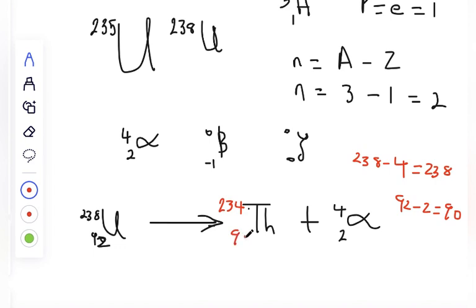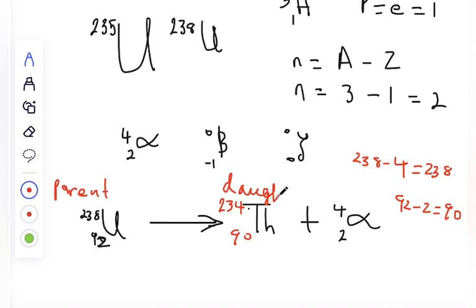This is the daughter nucleus. And the parent is a radioactive element that becomes unstable because of the difference between the number of protons and the number of neutrons, or because its nucleus gets too heavy. This is the parent nucleus, this is the daughter one, and this is the emitted particle, the alpha.